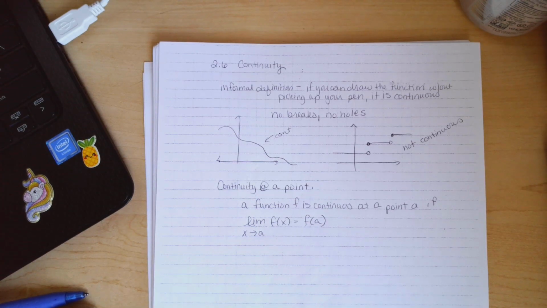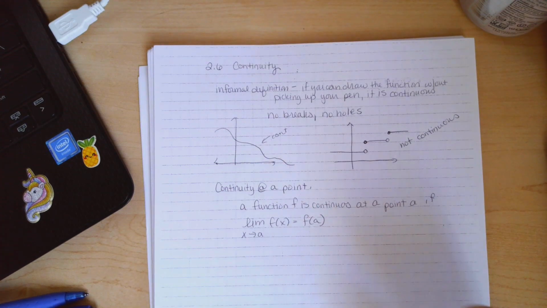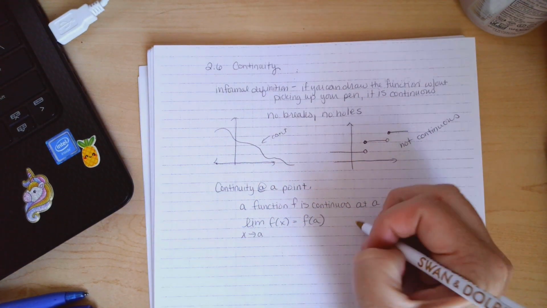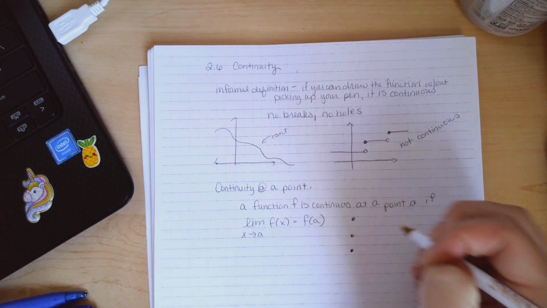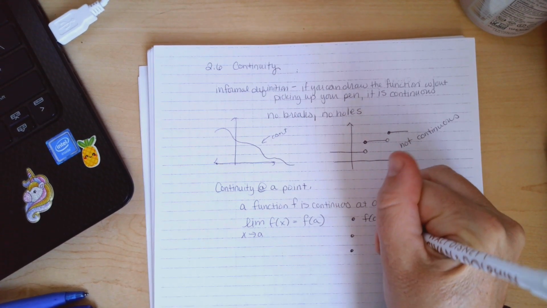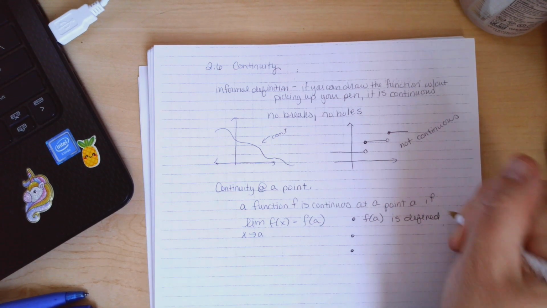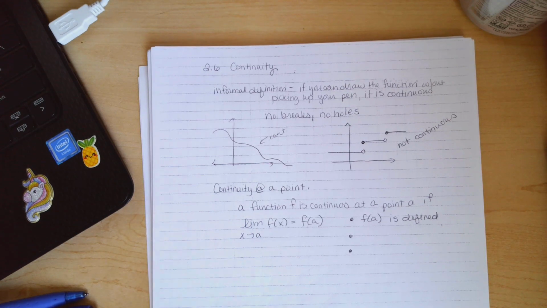Okay, and so in order for this to be true, a couple other things need to be true that are kind of embedded in this whole thing. Three different aspects of this on our checklist. First of all, f of a needs to exist. It's defined. That means that f of a can't be something over 0.